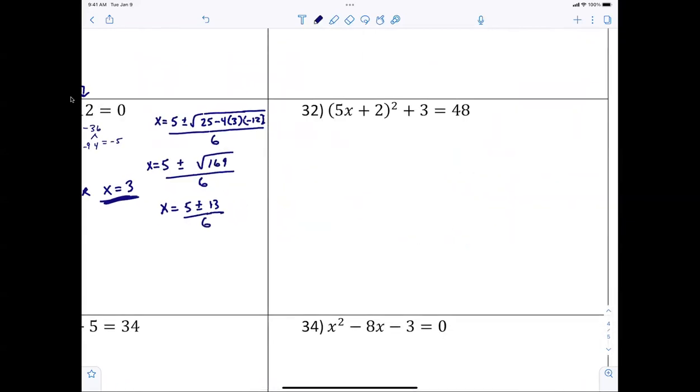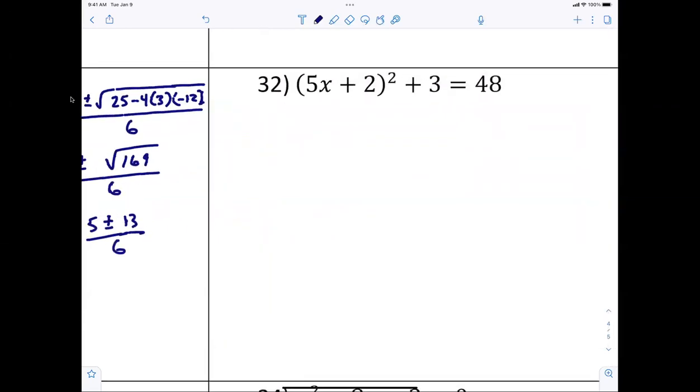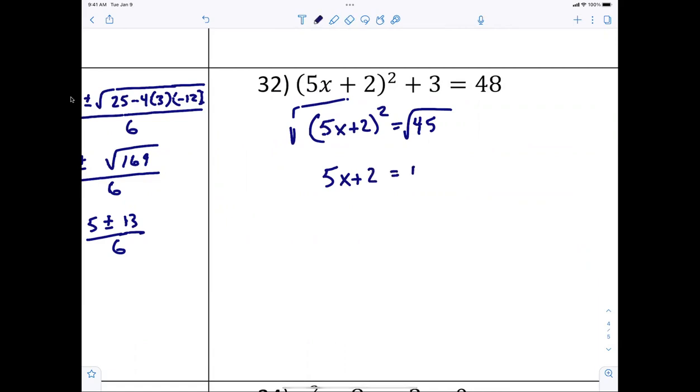Okay. Now here, 1 square term, subtracting 3, 5x plus 2 squared equals what? 45. Now what? 5x plus 2 equals plus or minus 3 radical 5.